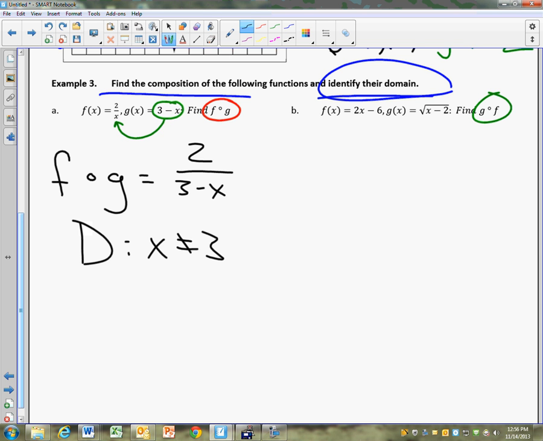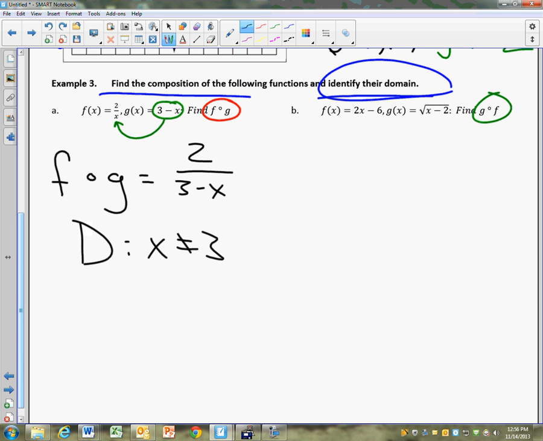But yet when we do the domain for the composition, we get not equal to 3. So the difference is yesterday you could look at the beginning functions and identify the domain. Now you can't do that. You have to look at your final result and identify the domain.